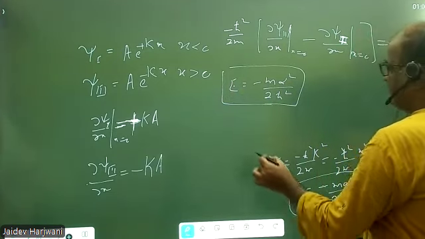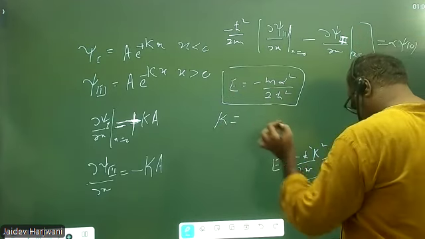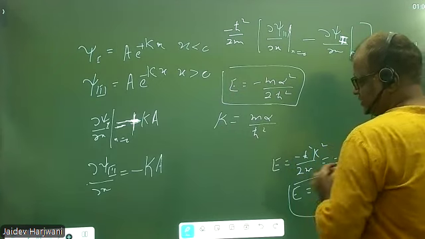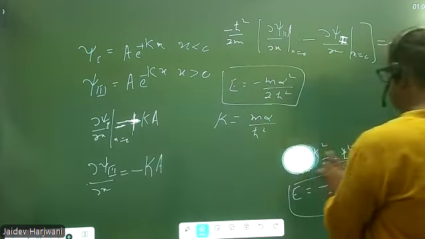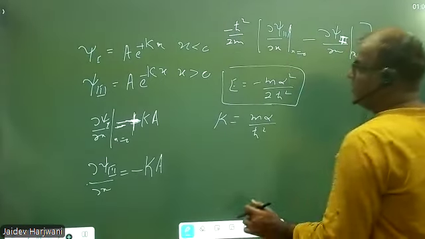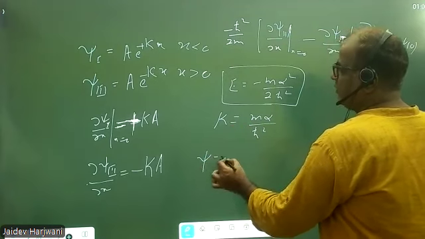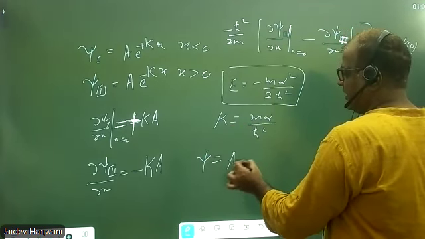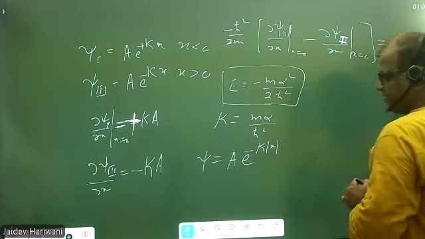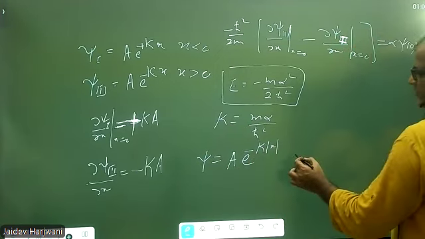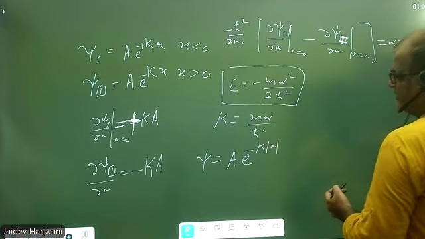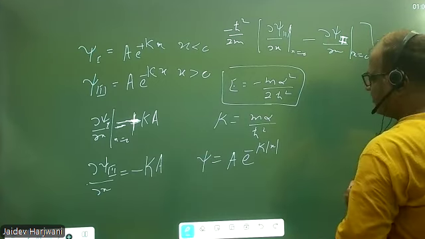Okay, and kappa value, what is the kappa value? Kappa value was here, this is m alpha upon h cut square. Now let us write the wave function. So wave function will be psi equals A e power minus kappa mod x. Now we have a kappa value, and we need to first normalize this function.